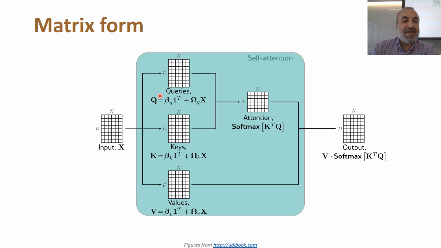We generate, as you see now, in parallel, queries, keys, and values from that matrix using the weights and biases for each. So in parallel we can compute all of these. Then we use the queries and keys to get the self-attention weights, and then apply the self-attention weights to the values to get the output values, the output vectors.